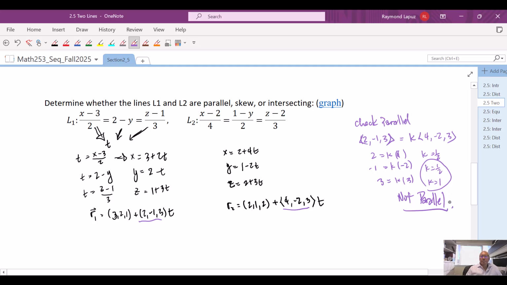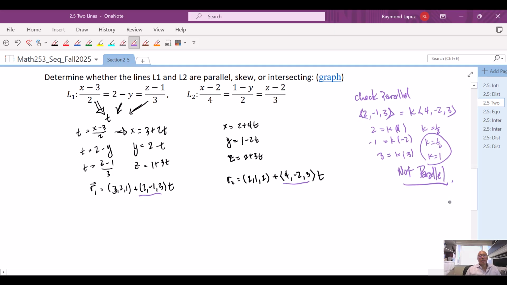All right, so that's the first part. Now let's see if they intersect. And remember from the previous example, we saw that we needed to change one of the variables into an s. So let's change this into an s instead of a t, and then let's rewrite our equations.